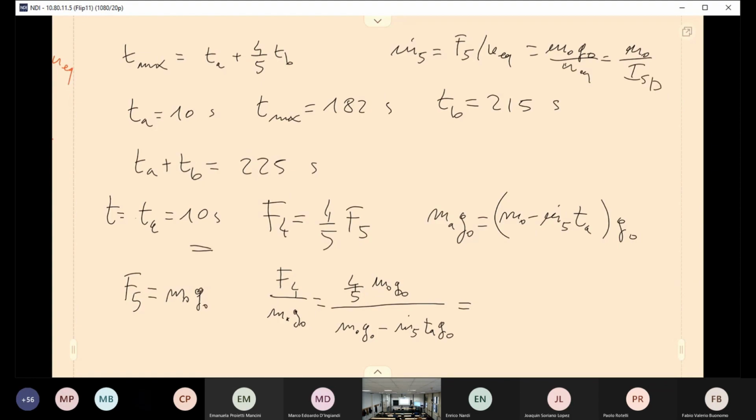I can substitute here and simplify g0 and then also m0. So this becomes 4/5 over 1 minus Ta over Isp. And the result is 0.8 over 1 minus 10 over 260, and so we have 0.832, which is less than 1.